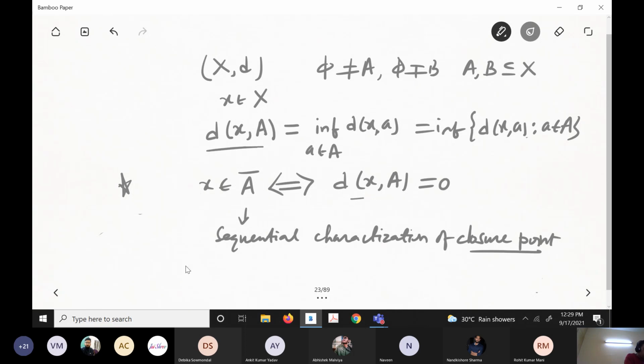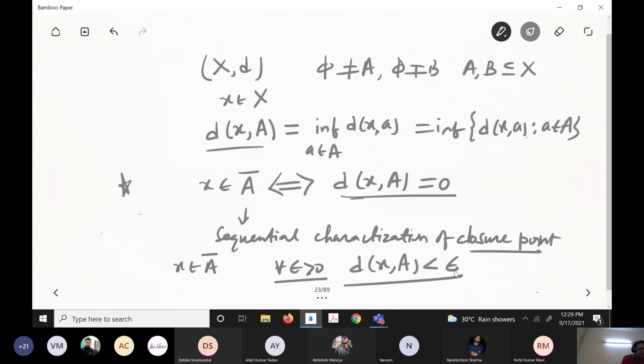Because if x belongs to A bar and you want to show this, you need it for all epsilon greater than 0. You need to show that this holds, then obviously it has to be 0. The other way will be easier. That you need to prove in this. This is very, very important, so don't forget about this fellow.